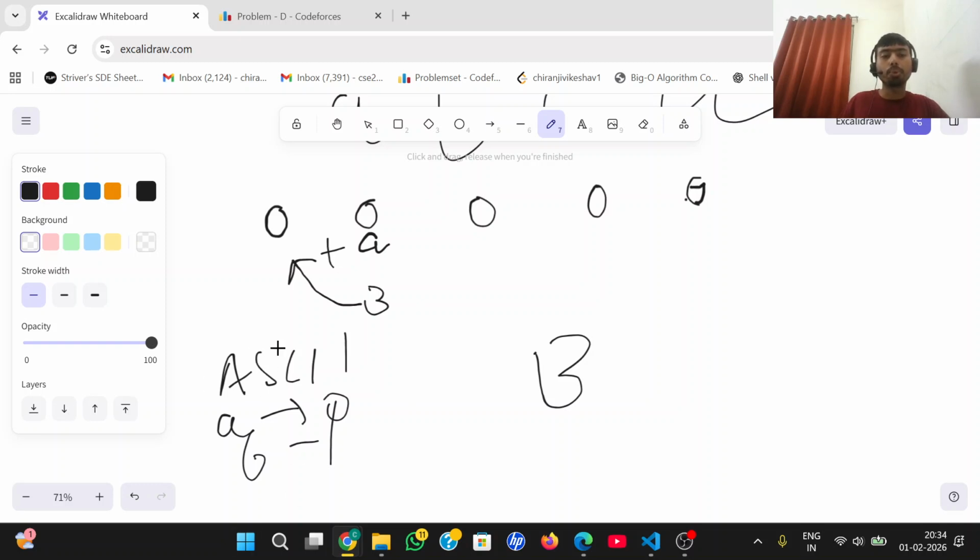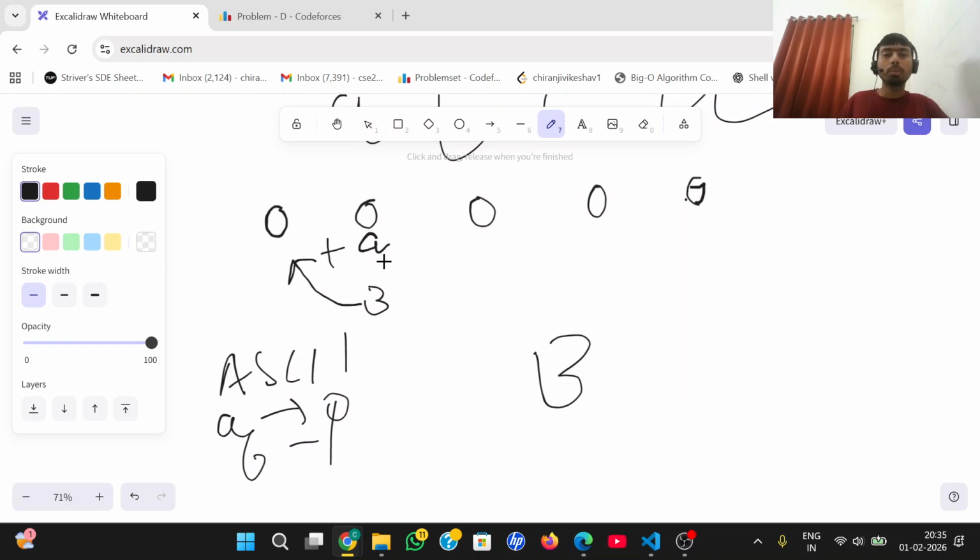It will help in your calculation part. So I am just writing A here. It doesn't mean character A, it is the value of A. Either you can put the ASCII value, or 0 to 25 if it is only lowercase English letters.